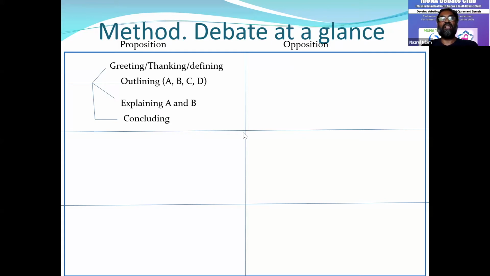Number one group will be the proposition, the other will be the opposition. There are 3 members in each group. Now I outline the speech for the first speaker, what he or she should do.